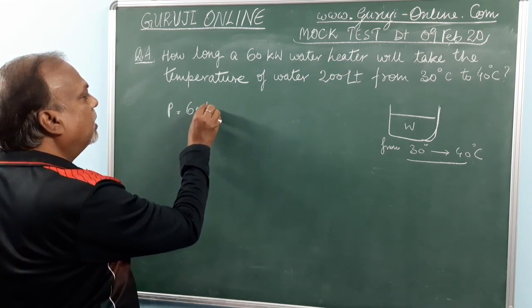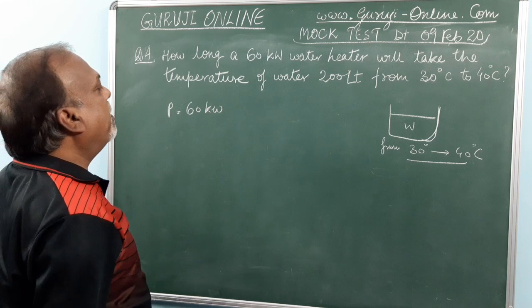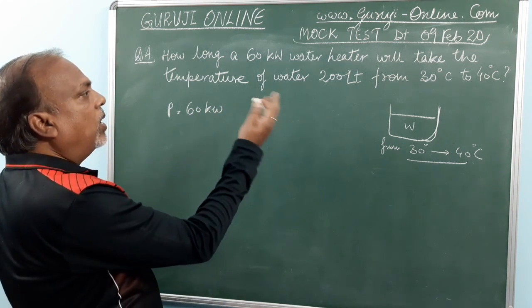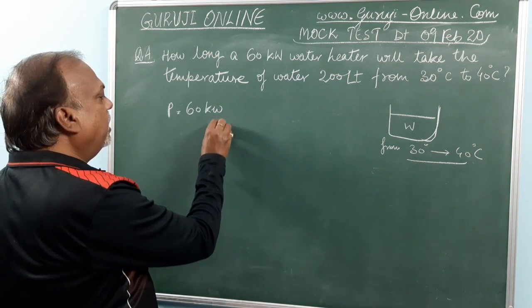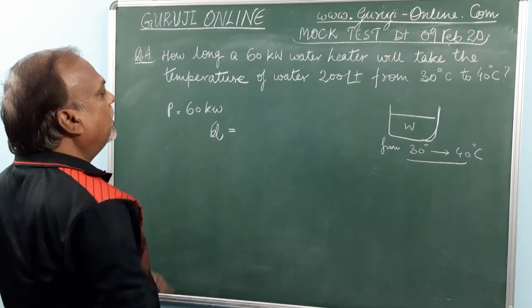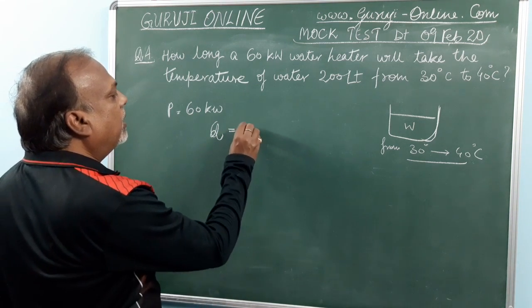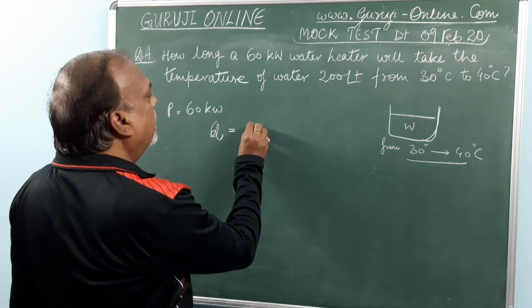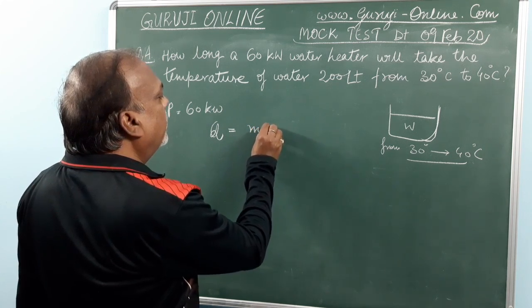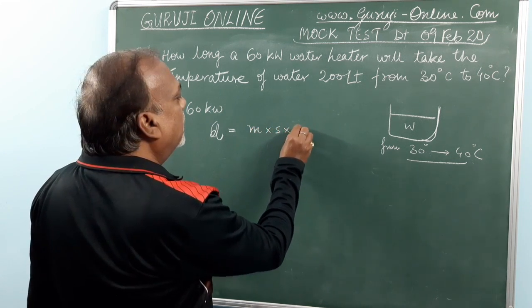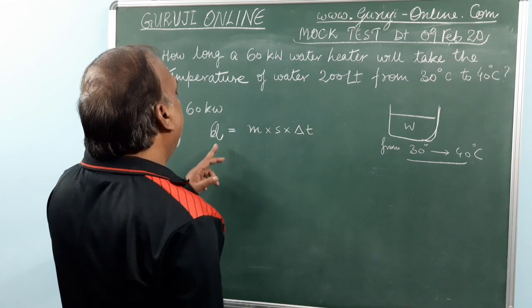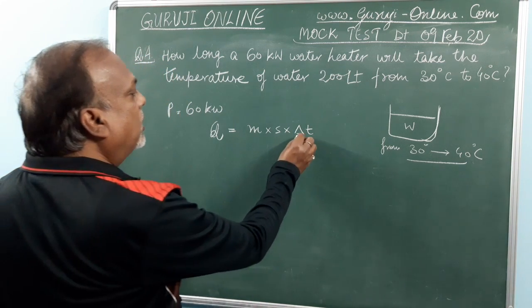Now, how much heat energy will be required? M into S into delta T. Delta T is what?